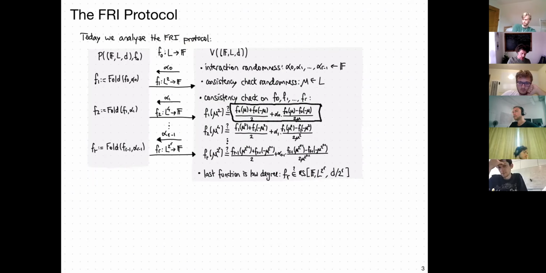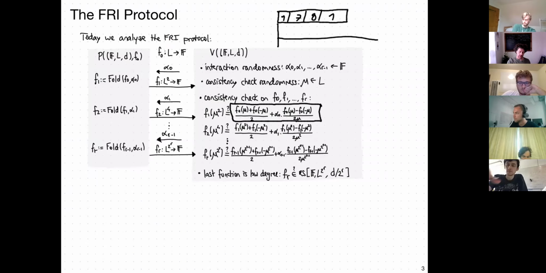Yeah, sure. When we say the Reed-Solomon code, you think about taking some values, let's say 1, 7, 8, 1. That's your message. And now what you want to do is encode it. And how do you encode it? You take a univariate polynomial that at 0 takes the value 1, then takes the value 7, then the value 8, and then the value 1.